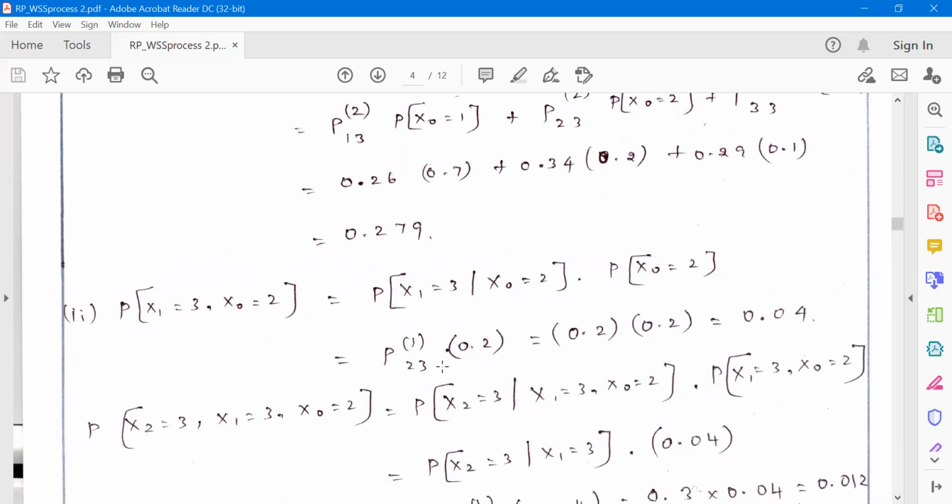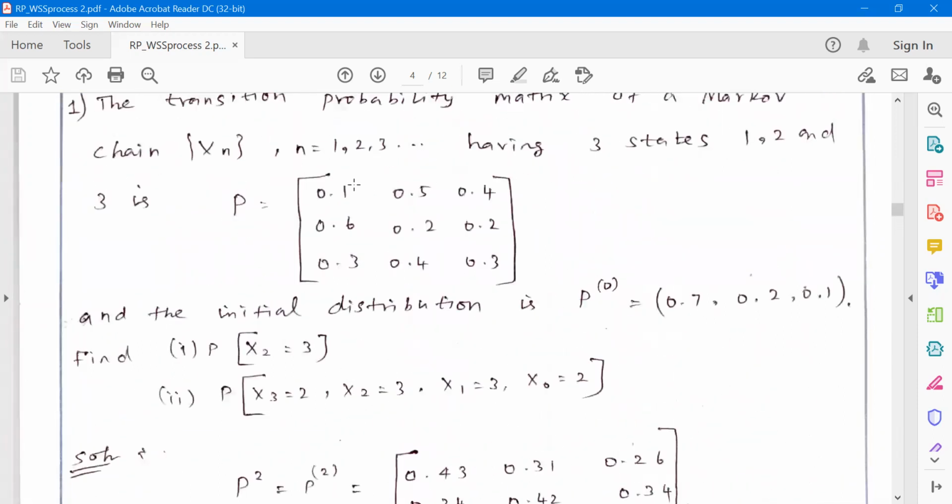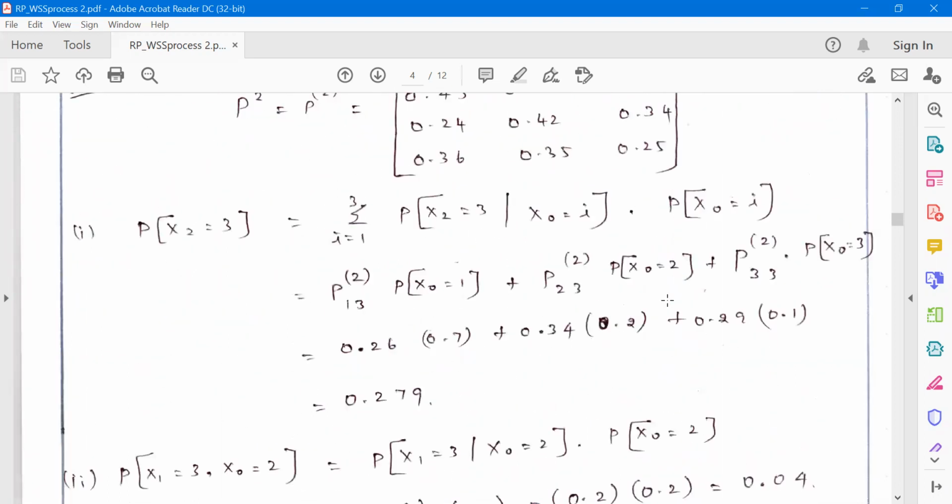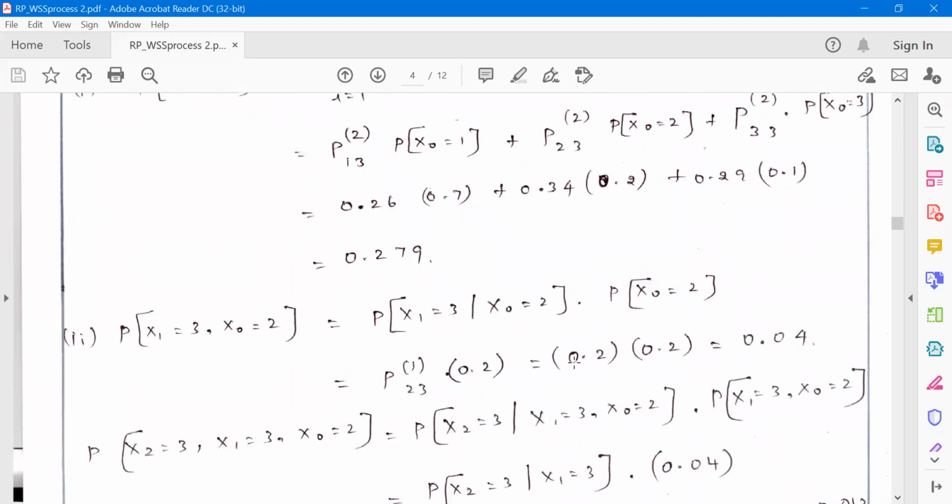P1 of 2, 3 is 0.2, and the second initial probability distribution value is 0.2. So I will get 0.04.